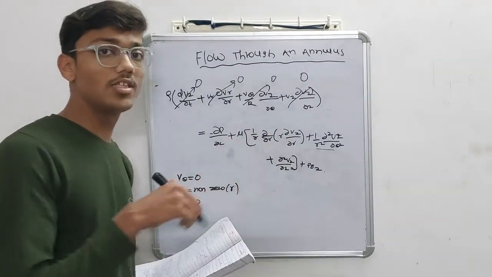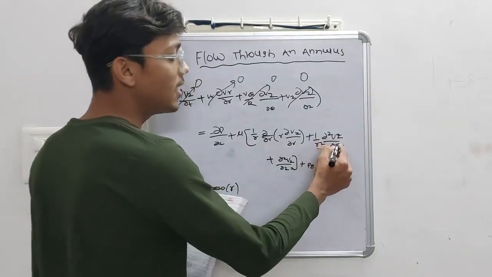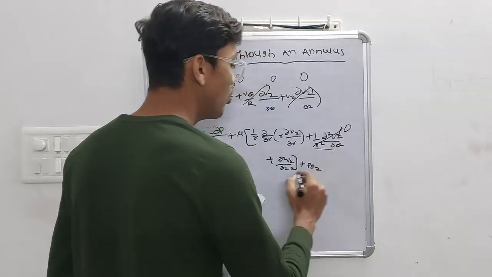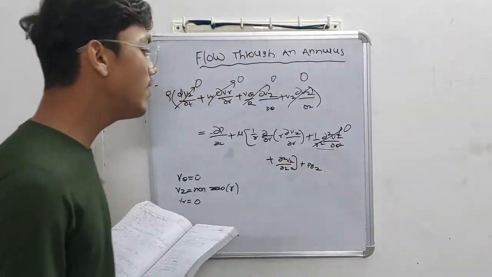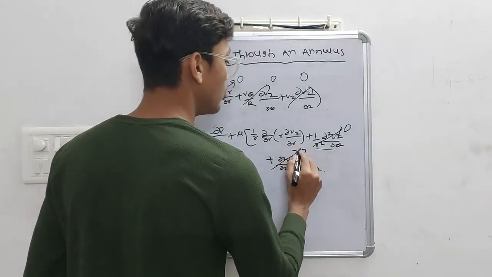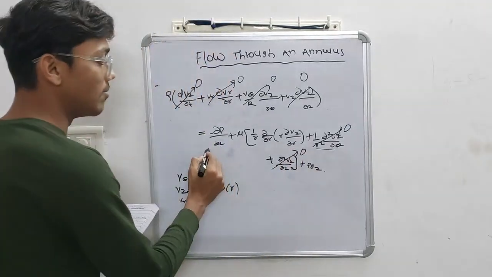Two more terms are also neglected: vz is not changing in the theta direction, so this term is 0, and vz is not changing in the z direction, so this term is also 0. So we have only these terms.